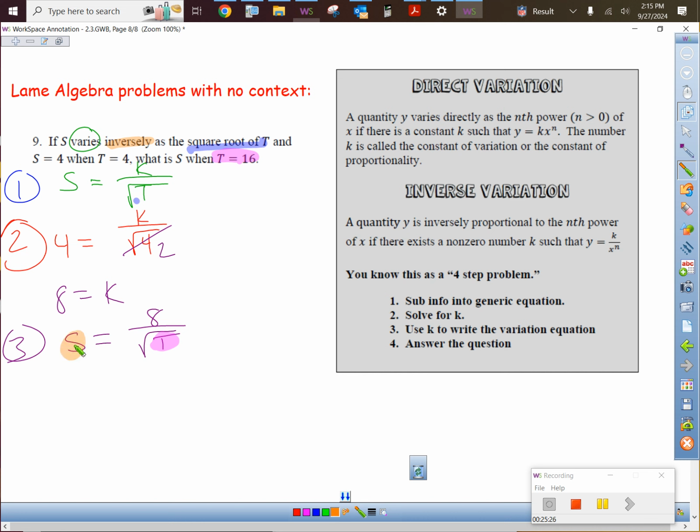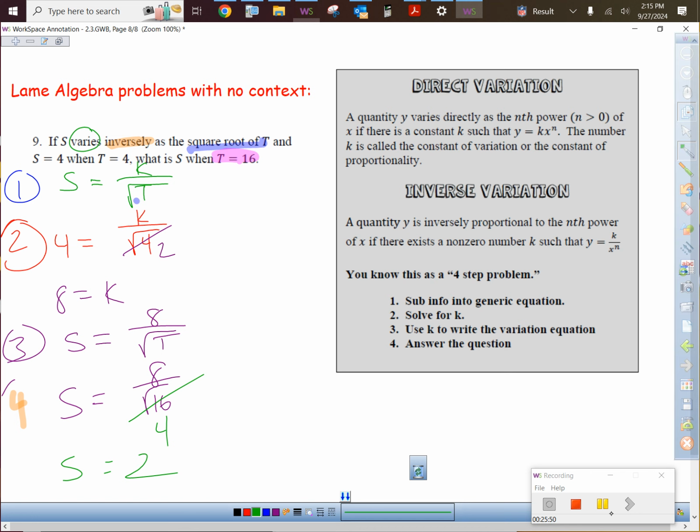You might have to substitute in for the other letter on homework and then solve for the other guy, but they did not. So they put a 16 in there. So step 4, s equals 8 over the square root of 16, which I'm going to strike out and put a 4, and doesn't s equal 2, baby? Direct variation upstairs, inverse variation downstairs. K is always upstairs somewhere.